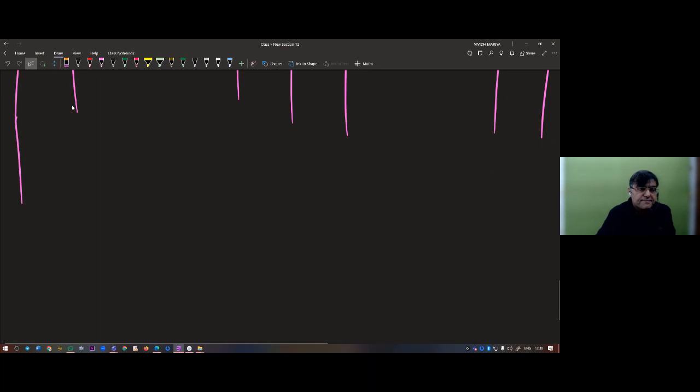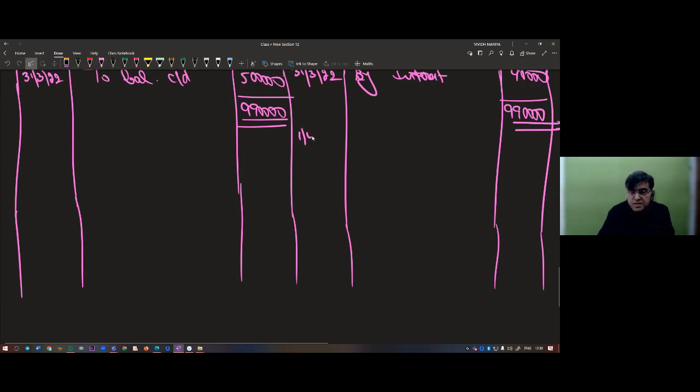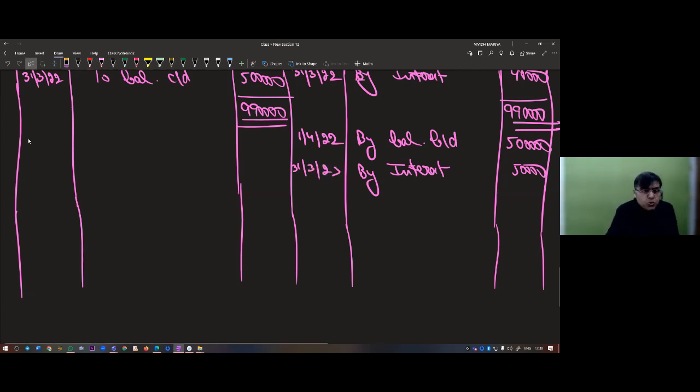Third year. First April 22, by balance brought down is 5 lakhs. Interest. 31st of March 23, payment couldn't be done. He took over the scooters.